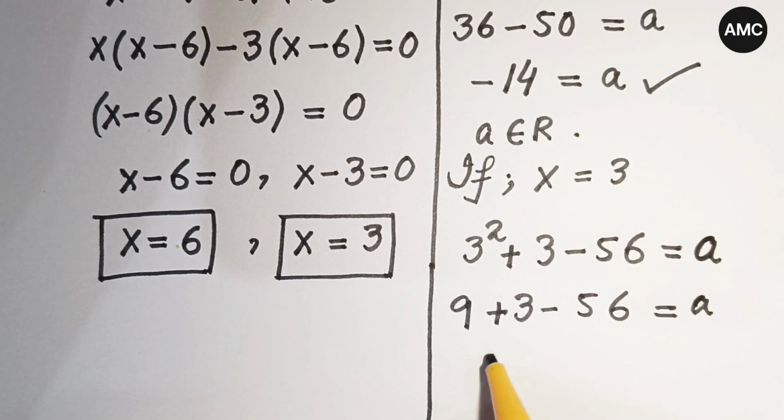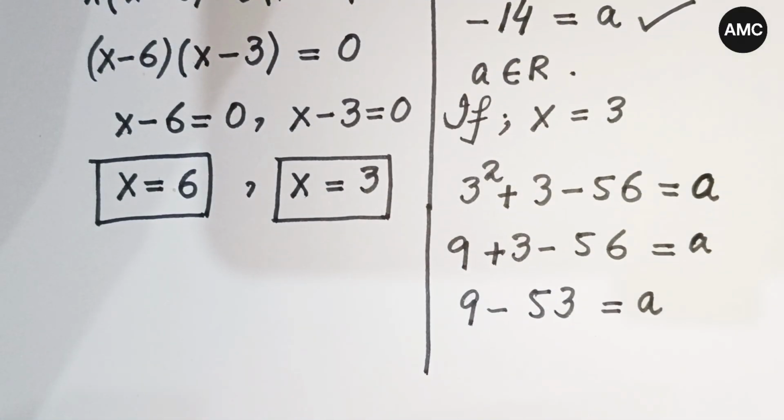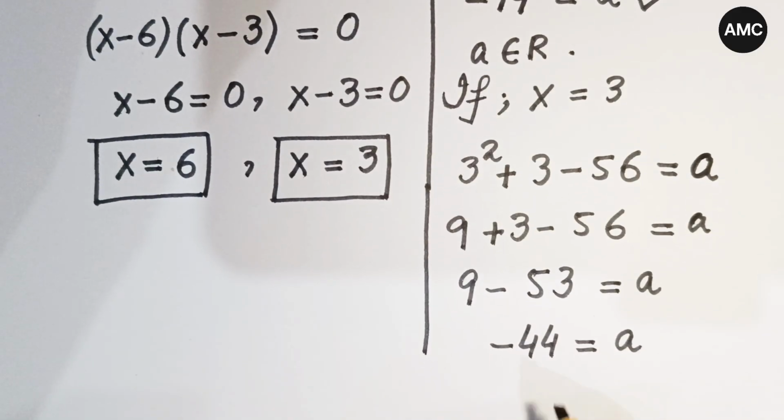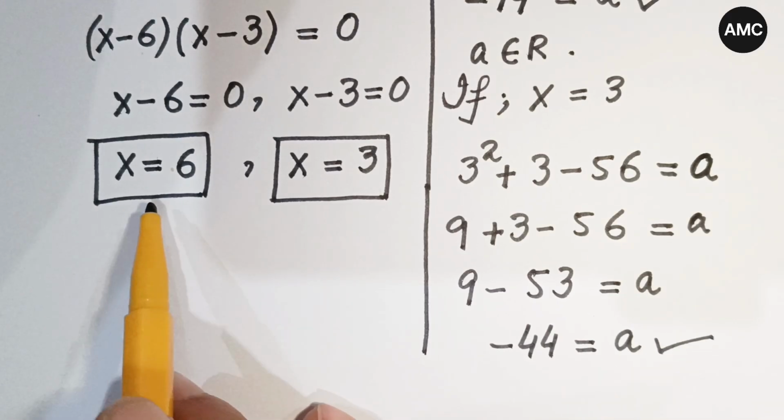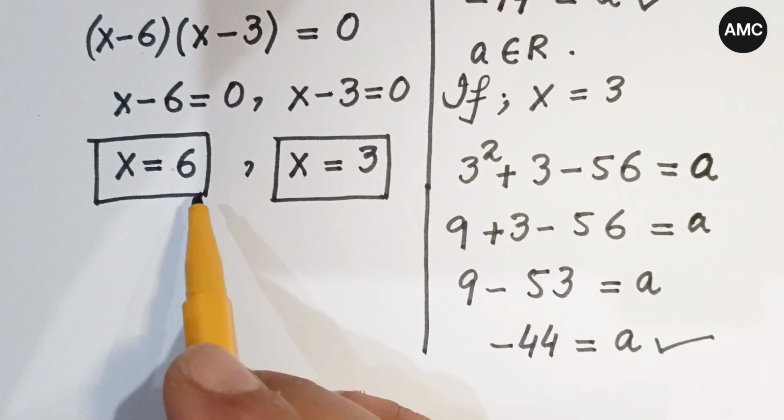Here the value of a is also real, minus 44 is a real number, so it is a valid solution. Hence from case 1 we get x = 6 and x = 3.